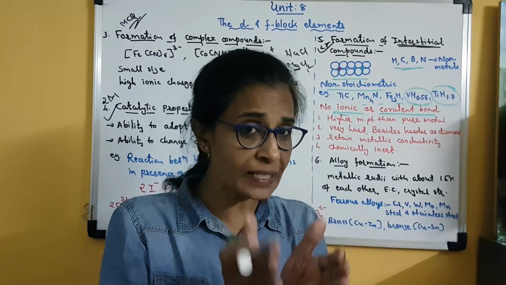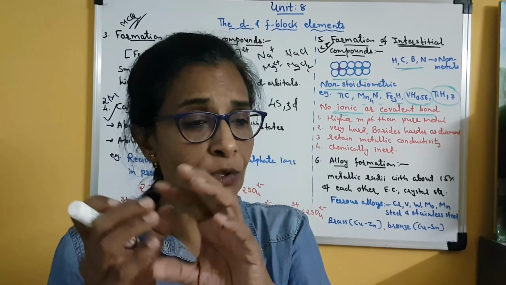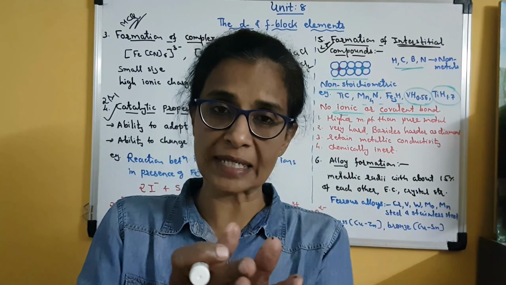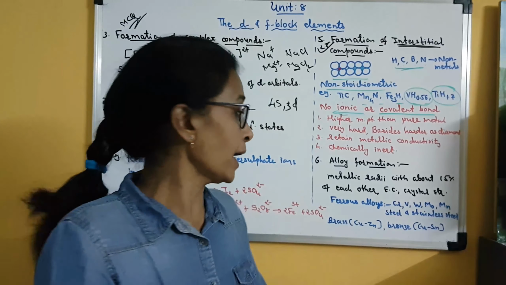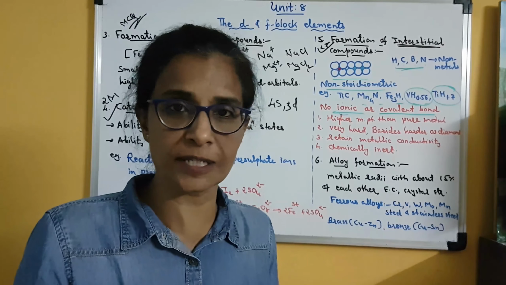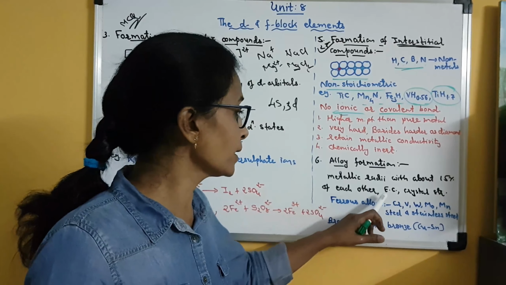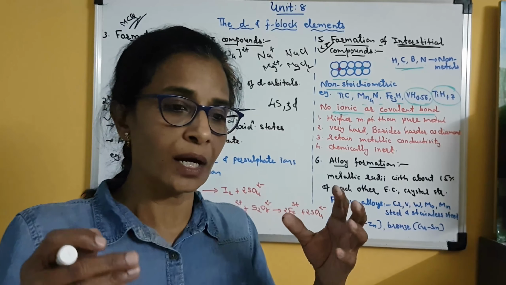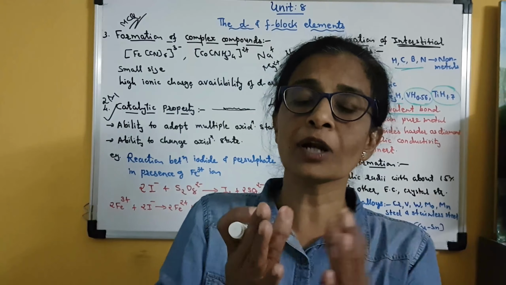In this series, all those elements which have 15% or less difference in their atomic or metallic radii can be mixed very easily. Clear? Another factor which is not given in the textbook is that they must have identical electron configuration.